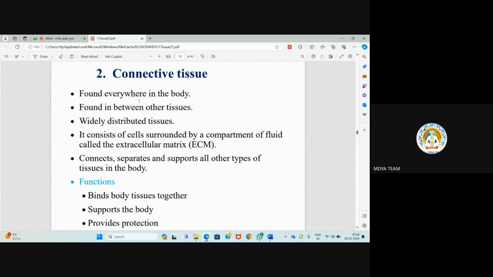It is a widely distributed tissue consisting of cells surrounded by a compartment of fluid called extracellular matrix.